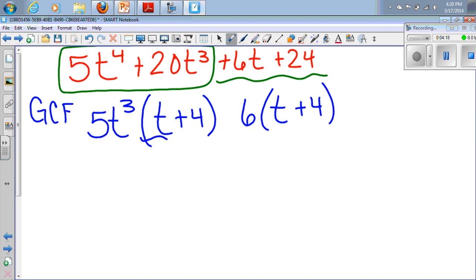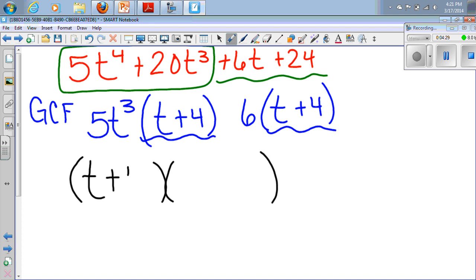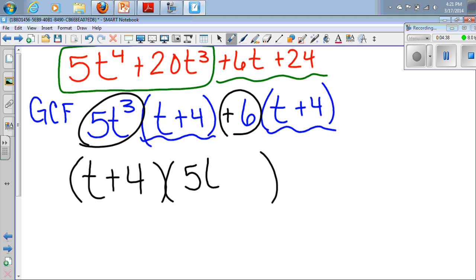My goal is to get these 2 bubbles to be the same, and they are, so that's a good thing. For my new double bubbles, my first one is the one that's the same, t plus 4. My second one is my 2 coefficients, 5t cubed plus 6. Check.